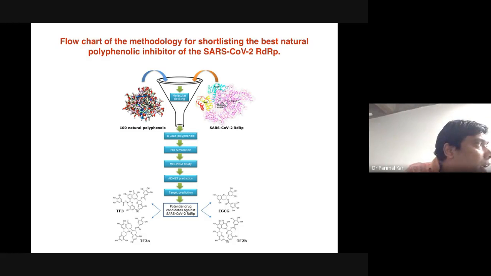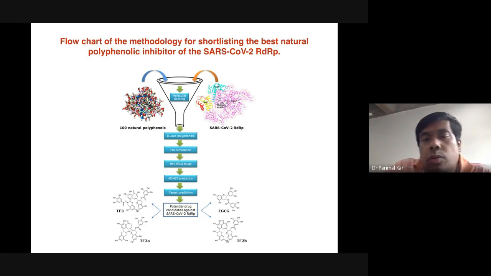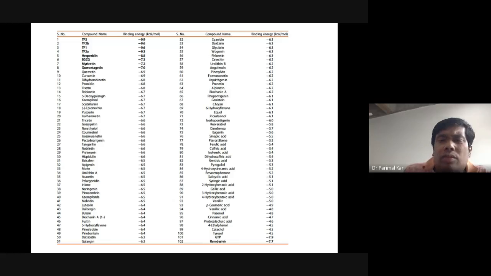Then with those 8 lead polyphenols, we performed MD simulation and then MMPBSA study, then ADMET prediction, and then target predictions, and finally we found 4 potential molecules, basically natural polyphenols, that can bind to the SARS-CoV-2 RdRp.